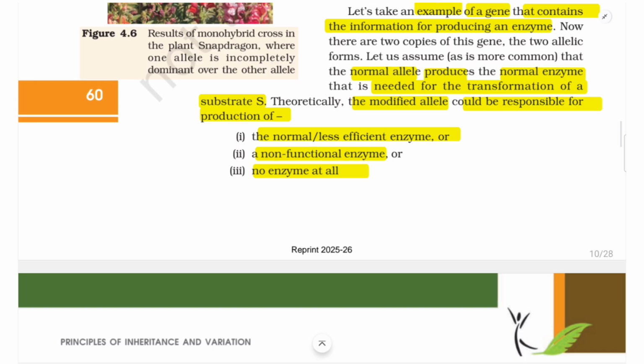Let us take an example of a gene that contains the information for producing an enzyme. Now there are two copies of this gene, the two allelic forms. Let us assume, as is more common, that the normal allele produces the normal enzyme that is needed for the transformation of a substrate S. Theoretically, the modified allele could be responsible for the production of number 1, the normal or less efficient enzyme, or number 2, a non-functional enzyme, or number 3, no enzyme at all.